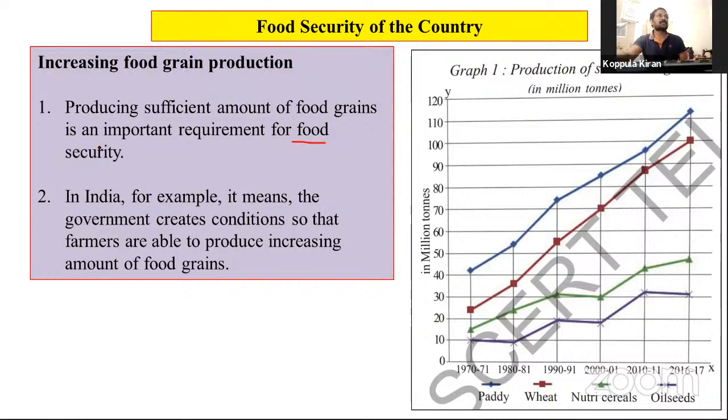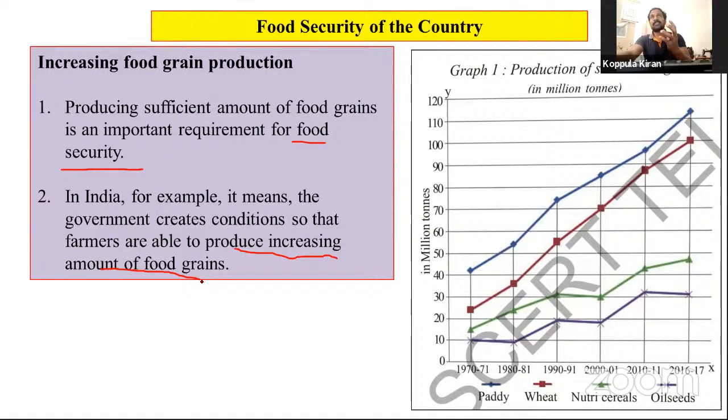The second point is that in India, for example, the government creates conditions so that farmers are able to produce an increasing amount of food grains.